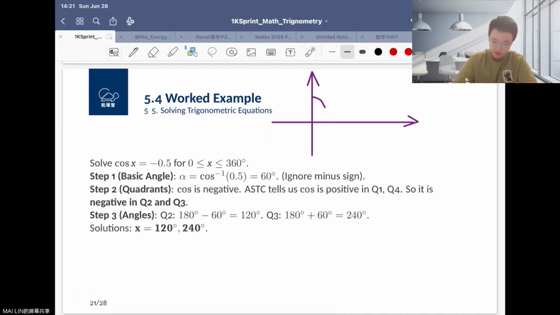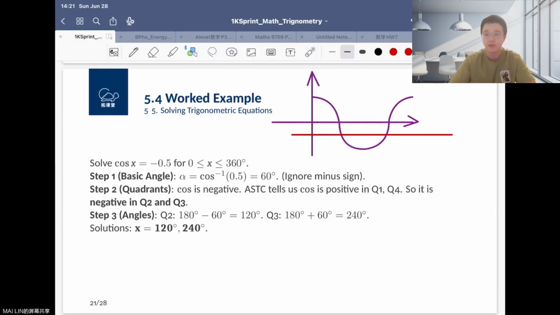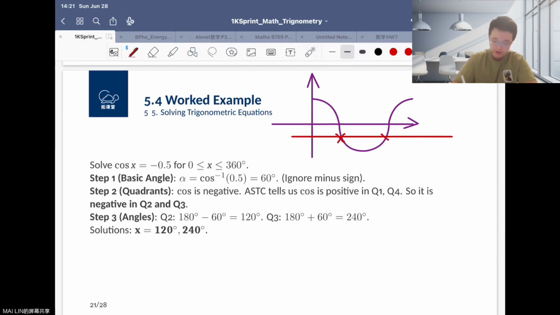The cosine function can be drawn this way. Negative 0.5 is a horizontal line here in the graph, and we have two intercepts: the first intercept is here, the second intercept is here.